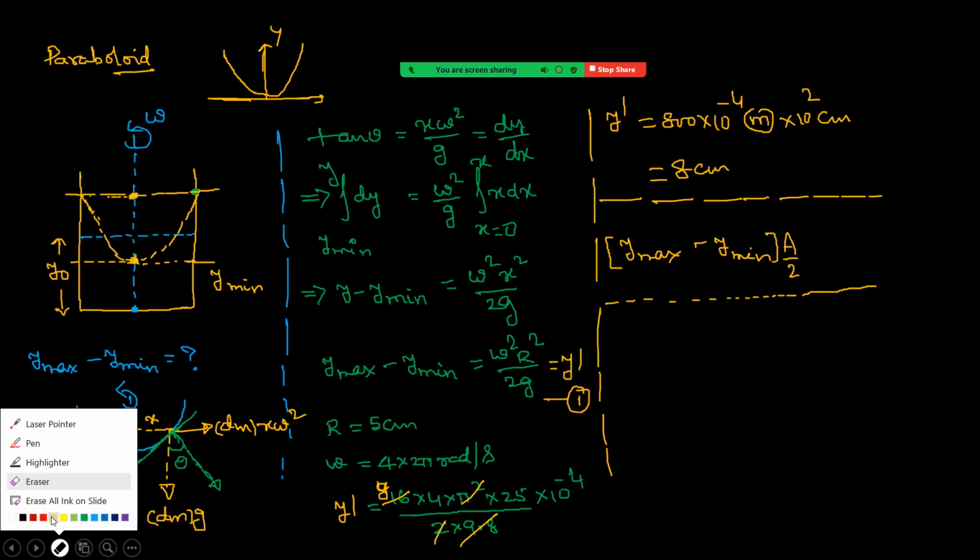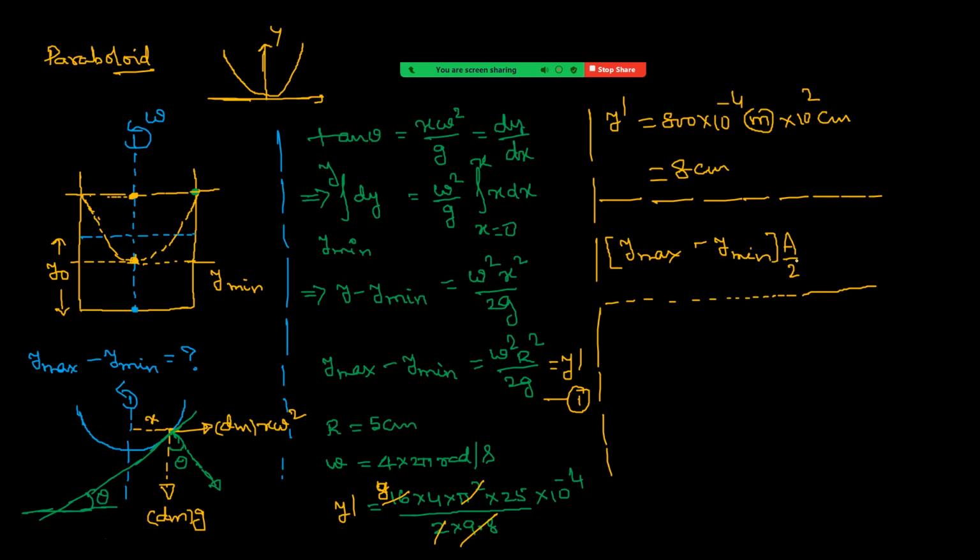So equating volume, I got here the volume of the paraboloid, given by this expression, plus this volume. This volume is equal to y minimum into A. Y minimum into A must be equal to y naught into A.